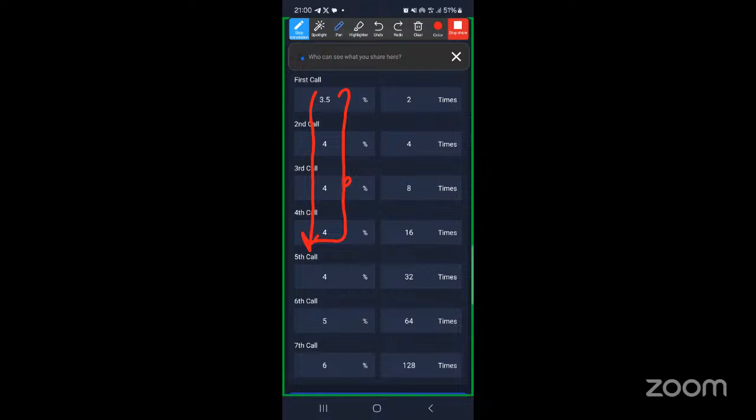Now people have started with $30. What if I have $30? Can I buy all the 7 margin calls? You can, but give me the mathematics. You can if you manipulate the app.